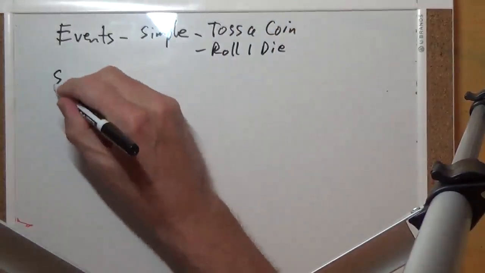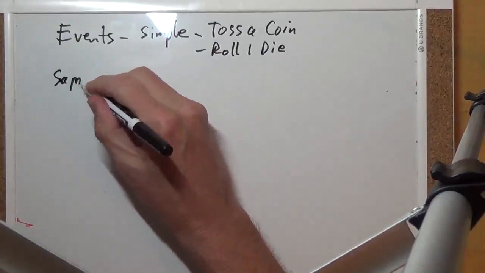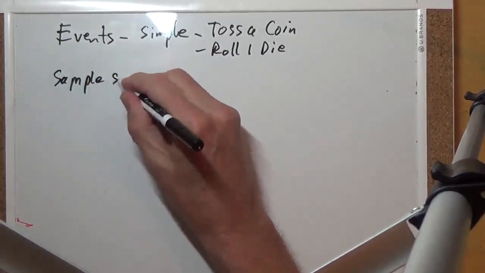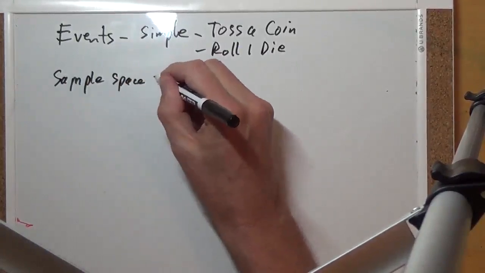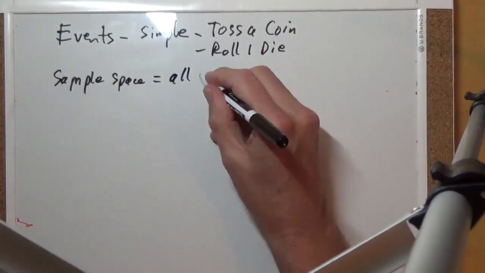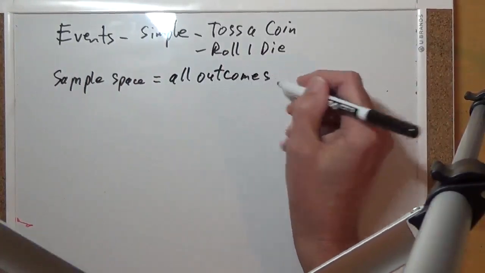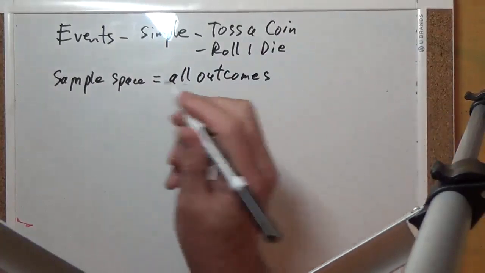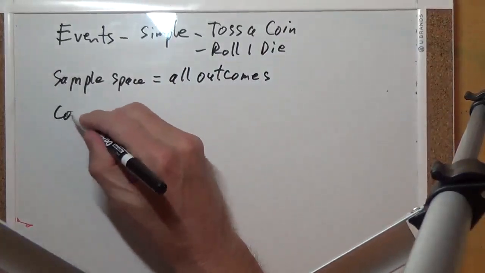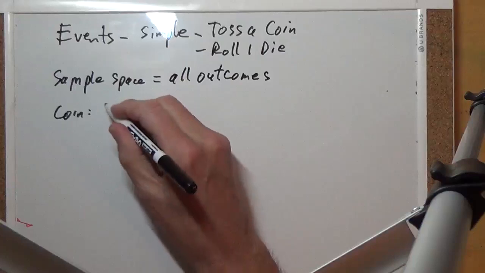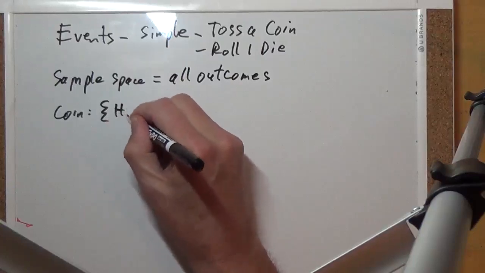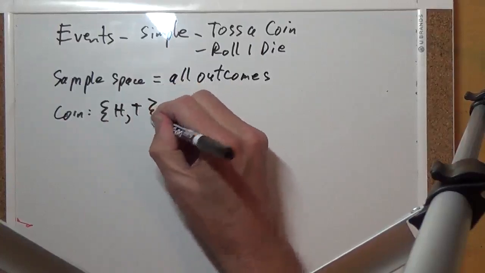And our sample space are all the outcomes that can happen. So if you think of tossing a coin, the only thing that can happen is it can come up a head or a tail.